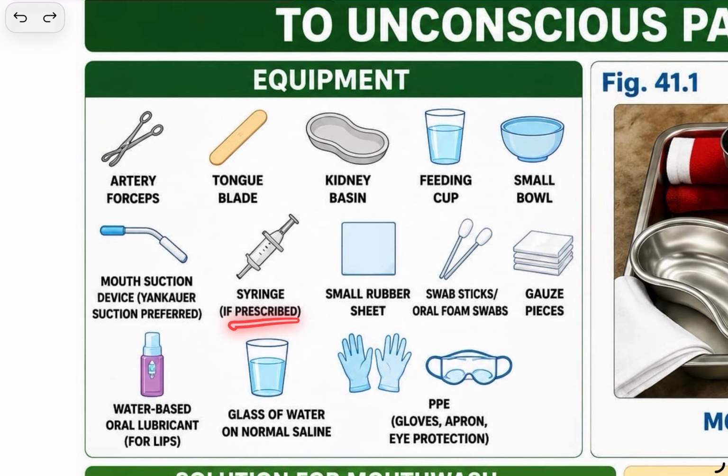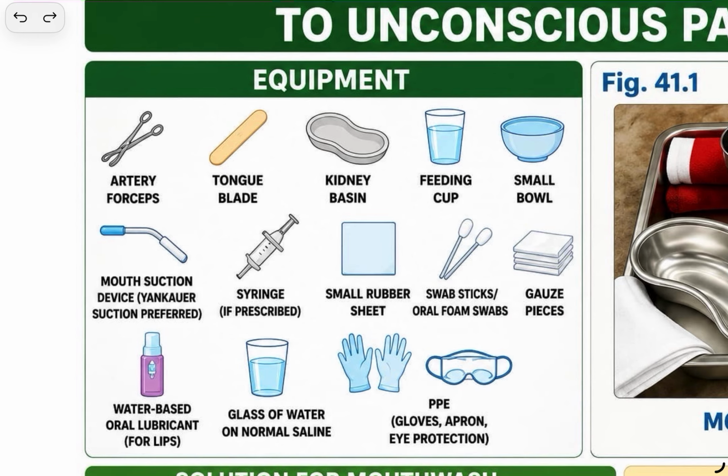And syringes, in order to pour a little amount of water, not fully; that time we need to use this syringe. Next one is a small rubber sheet to place under the head. Next one is swab sticks, 3 to 4 swab sticks you need to take. And 3 to 4 gauze pieces you need to take.